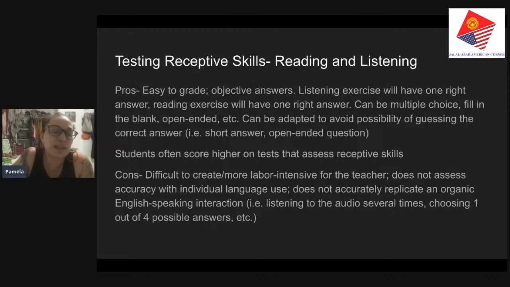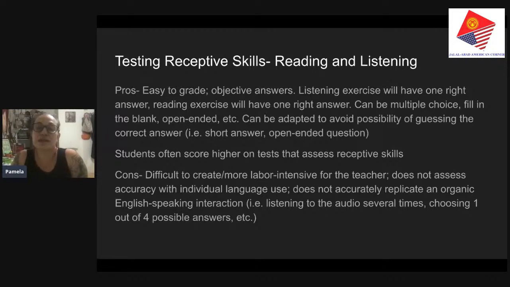So as I mentioned, because these are easier and it's harder to be accurate in the other two skills, it's not going to give you the information about how effective they are at using those skills.